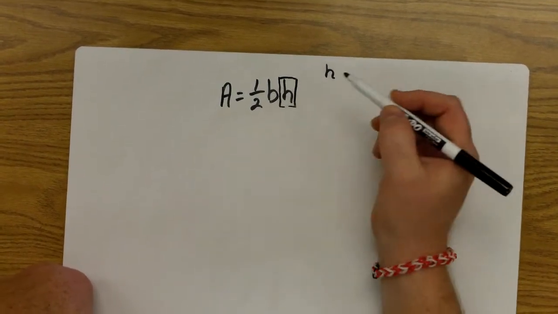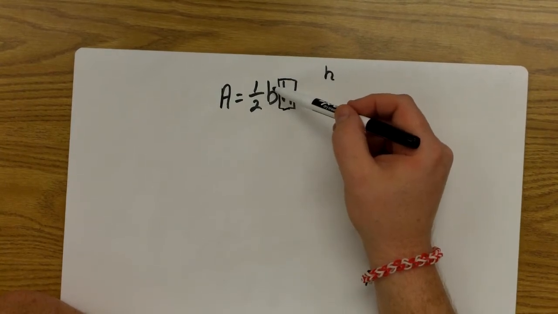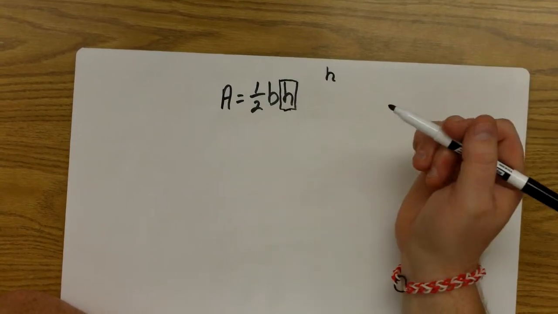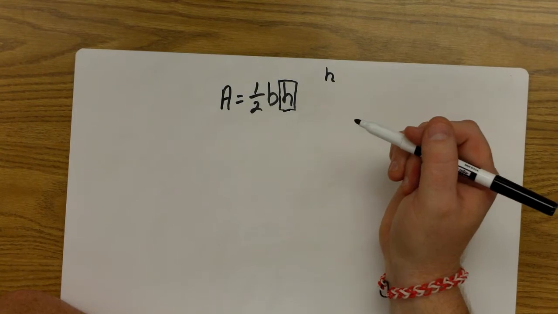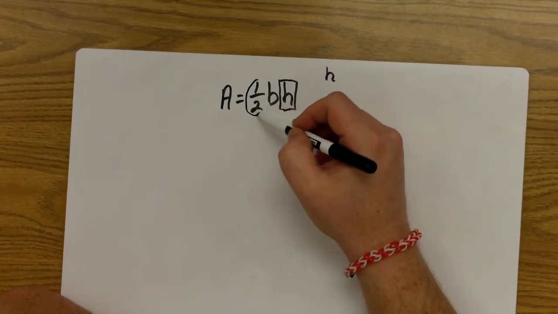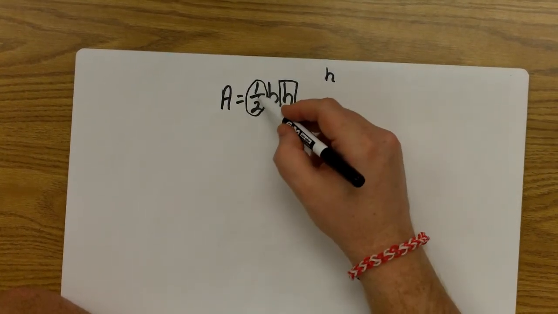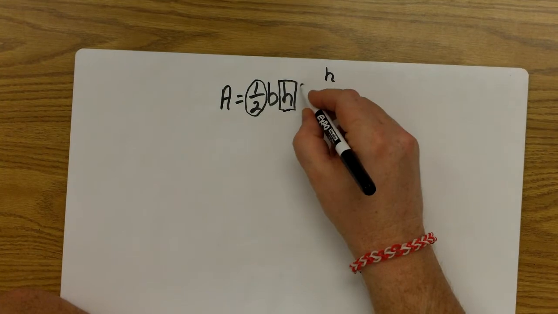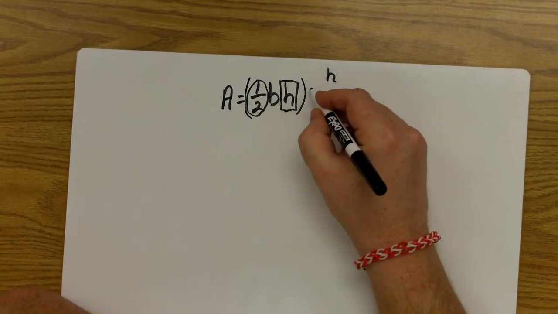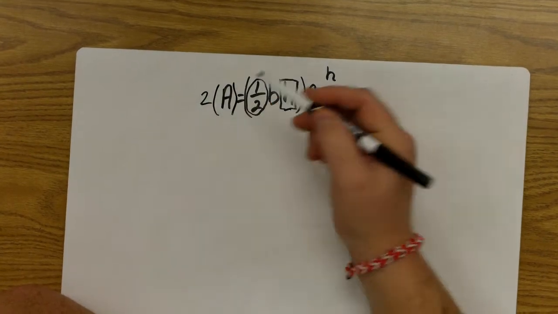We are going to put a box around this, and we look at outside. I have a times a half and a b, and technically we could get rid of both at the same time. However, I always recommend to my students, if there's a fraction involved, get rid of the fractional portion first. So if I have a times 1/2, to undo that, I'm going to times the whole thing by the reciprocal, which is 2. So I'm going to times this side by 2.